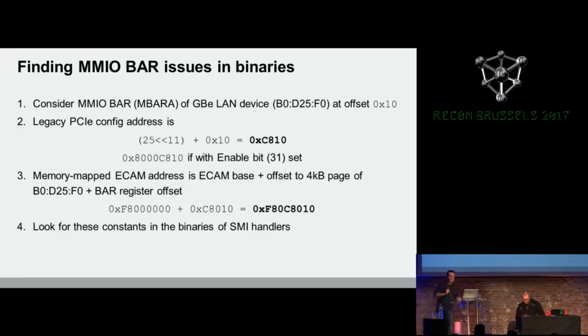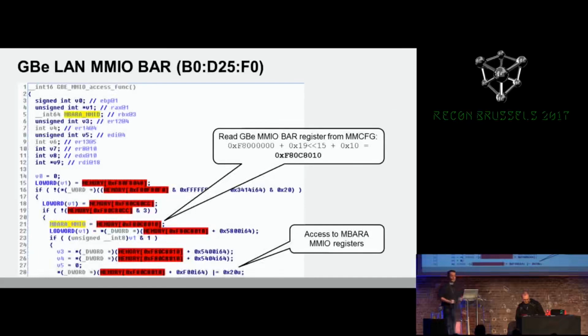Now you can identify all the places where firmware uses or reads that BAR. Once you do that, you can figure out how the firmware uses that BAR. Does it check that the address is somewhere else, or does it not? Does it read or write to the registers in the BAR? So this is the example for the GB LAN MMIO BAR in device 25. This is the first, we call it MBARA MMIO, the yellow one.